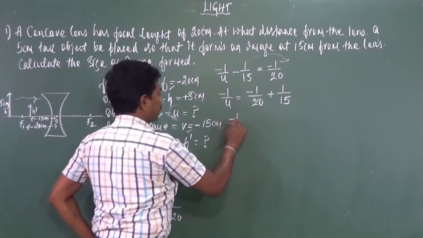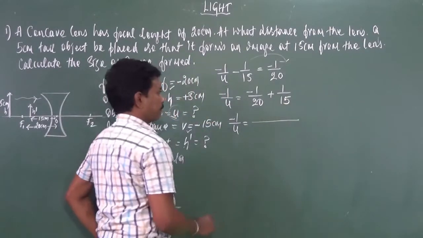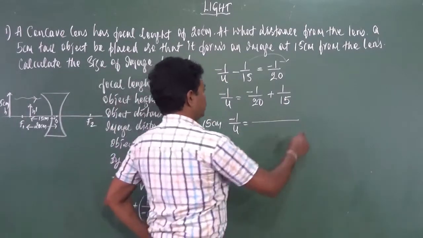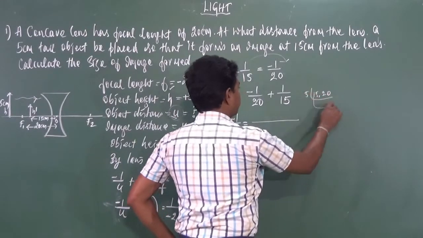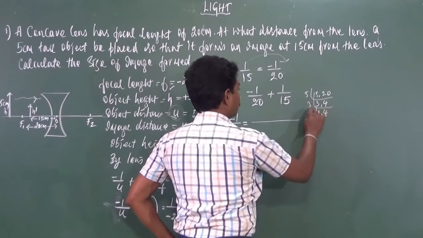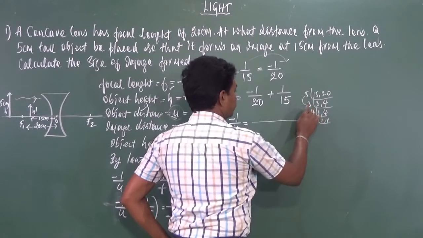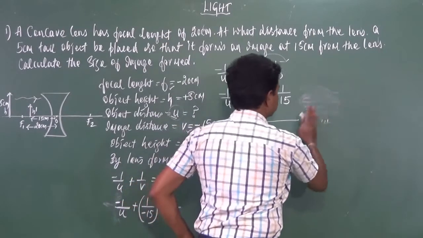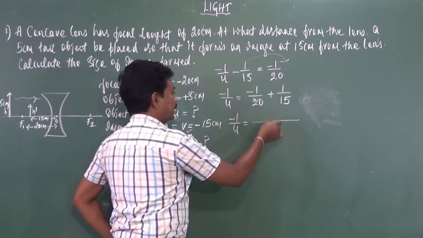So minus 1 by u is equal to, for 20 and 15 the LCM is maybe 60, we will check. 5 3s are 15, 5 4s are 20, 15 4s are 60. So the LCM is 60 here. So minus 1 by 20 into 60.